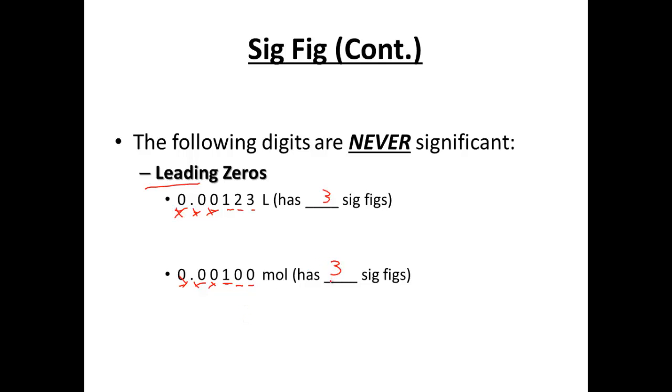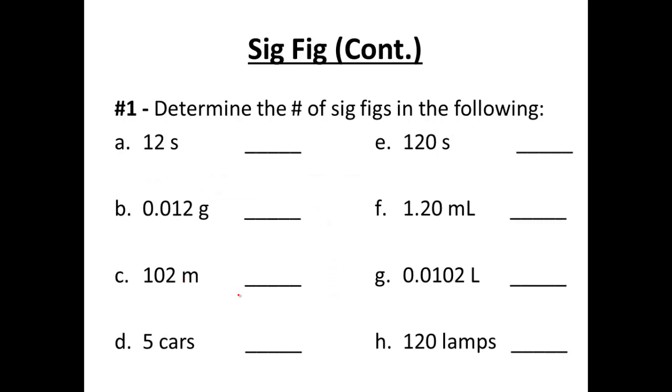So 3 significant figures are reported here. These 2 zeros afterwards are showing that our measurement is more precise. So let's give you a minute. Go ahead, hit pause. I would like you to work through these problems, A through H. After you're done, go ahead and unpause and check to see how your answers turned out.